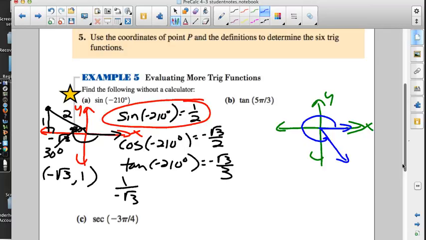So if we take pi and we're dividing it, and there's a 3 on the bottom, it has to be 60 degrees. There's our reference angle right there. So that's not the small one. The small one is the 30 down here, and that has the 1 that's going to be opposite the 30 degrees. Our hypotenuse is going to be 2, and we get the square root of 3 opposite that 60-degree angle.